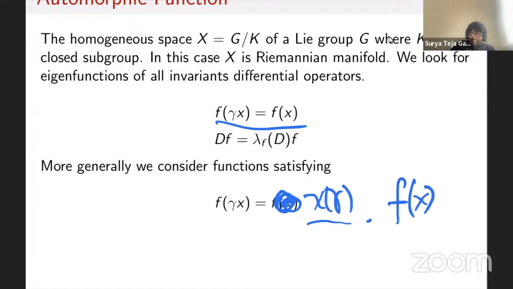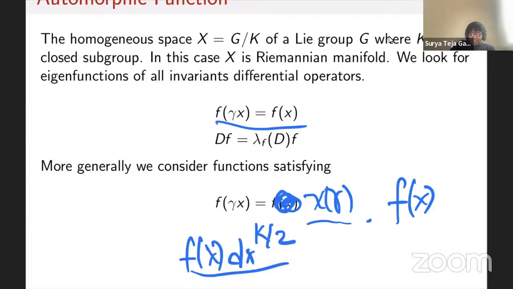So instead of asking for invariance of f of x, you would ask invariance of, say, f of z dz to the k over 2 or some other objects related to f. Invariance of f of z dz to the k over 2 under gamma is different from the invariance of the function. So you'll have some extra factors.